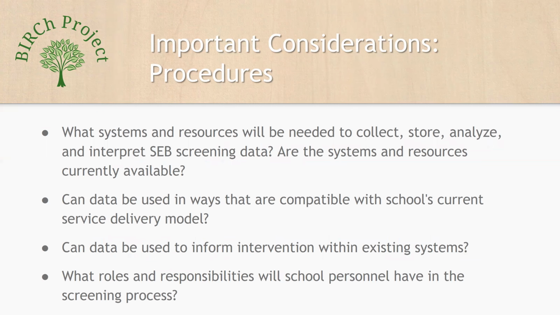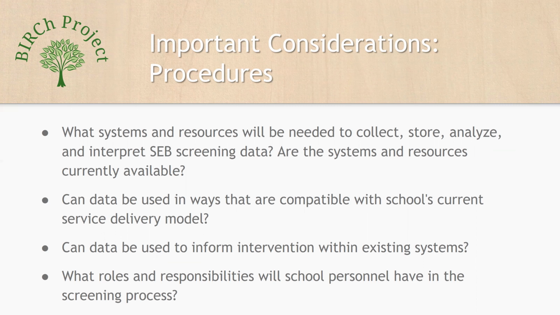With regard to the screening procedures themselves, one of the most important things to consider is what systems and resources are needed to collect, store, and analyze the data. There are free social, emotional, and behavioral screening tools available, but one of the limitations of using the free tools is that you are responsible for managing the data yourself, typically in an Excel spreadsheet or in some other database form.